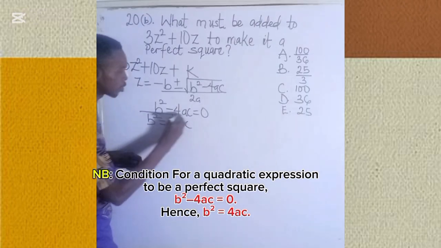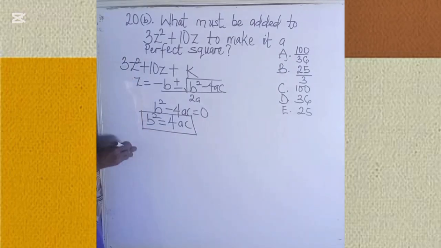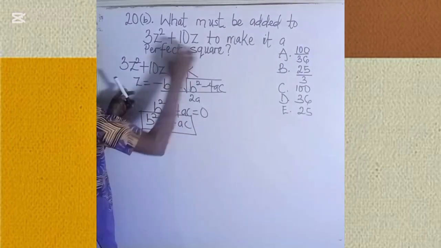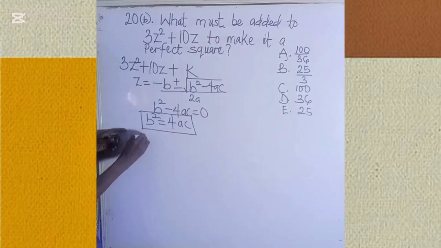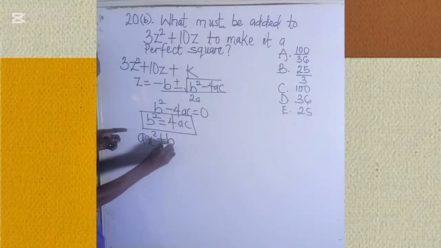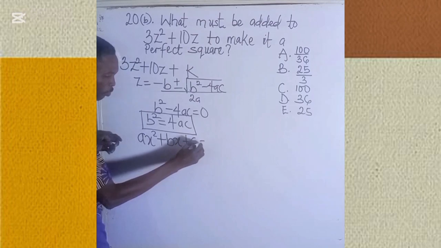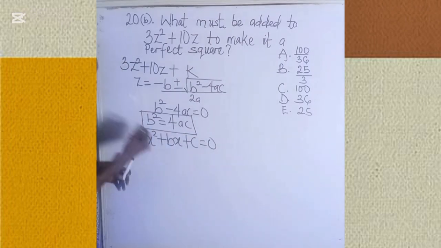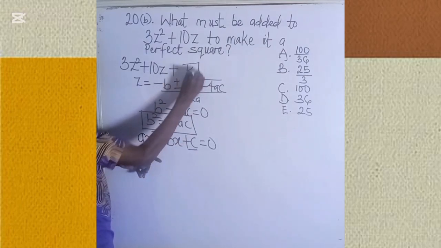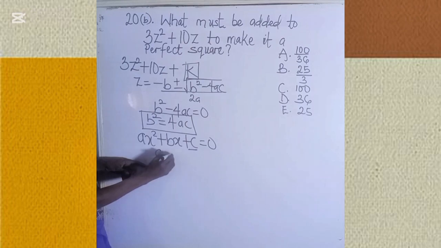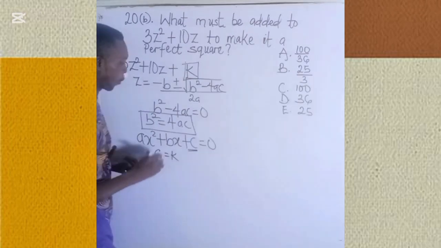So here is the formula we are going to use. From our quadratic expression, we have ax squared plus bx plus c equals 0, because I want to find the constant. Now, c here is the same thing as k. Here, c is equal to k. Now, pay attention.